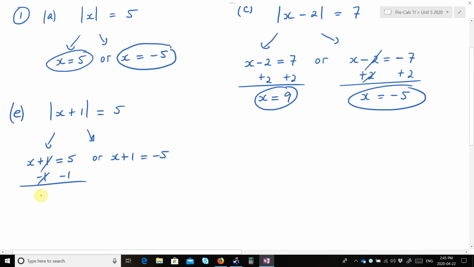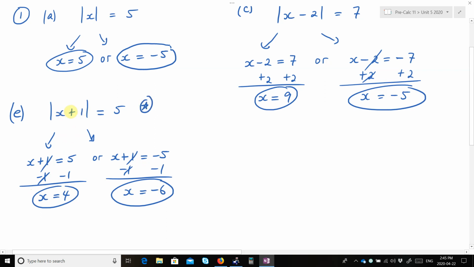So in this equation, we end up getting x equals 4, and in the other equation, we end up getting x equals negative 6. If you go and try them in the original up here, they should work. 4 plus 1 is 5. The absolute value of 5 is 5. Negative 6 plus 1 is negative 5, but the absolute value of negative 5 is positive 5, so both of those work.